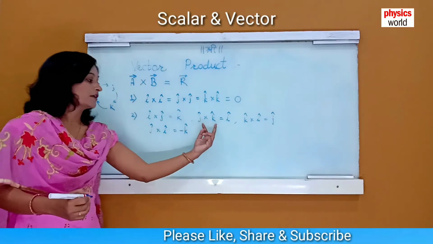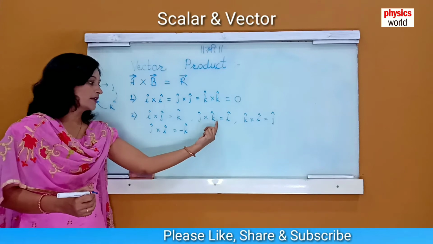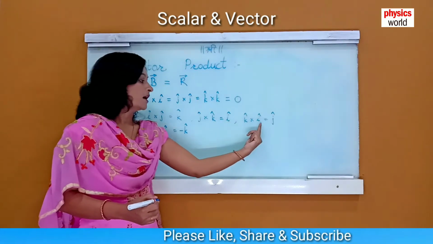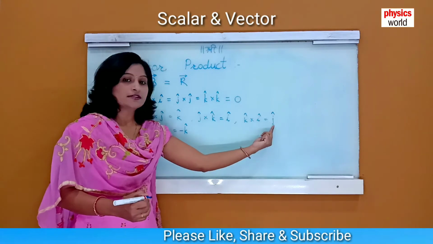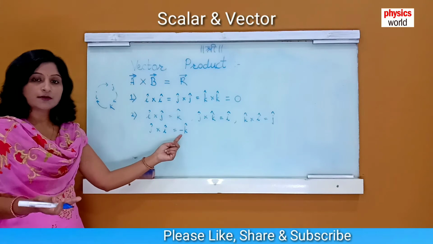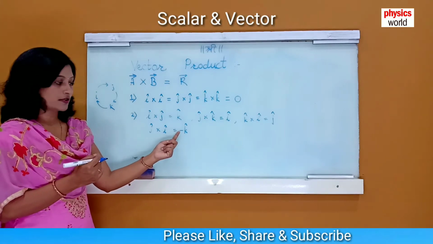And if we reverse the place of these components, k cross j is minus i, i cross k is minus j, just similar to this. Because of the change of direction, a negative sign comes here; keep that in mind.